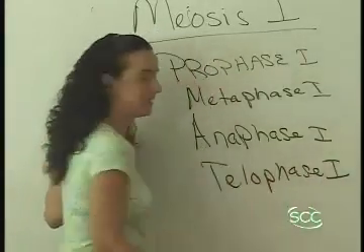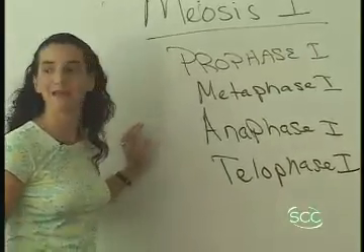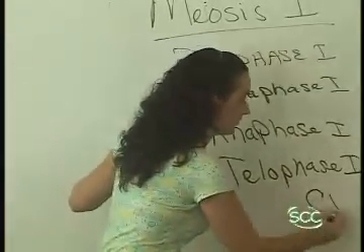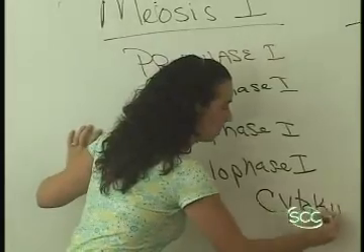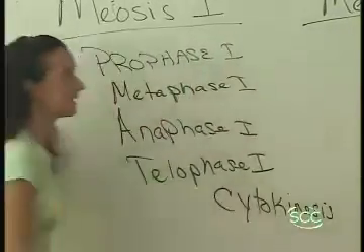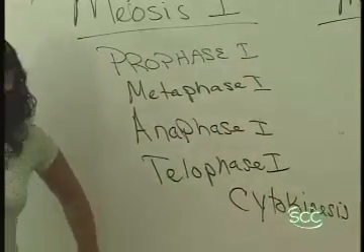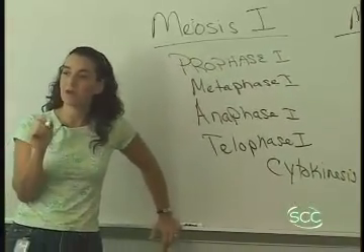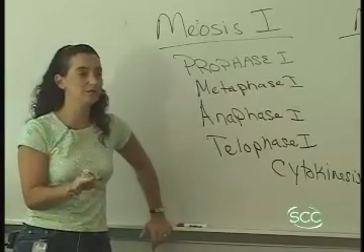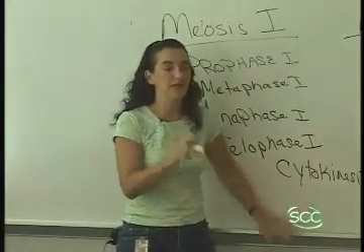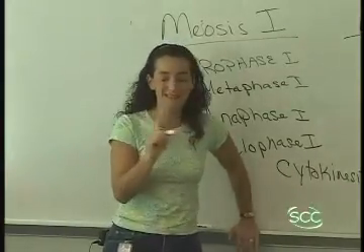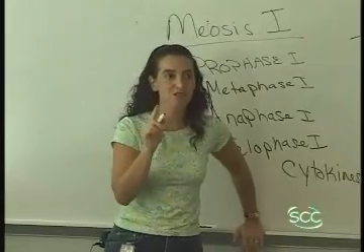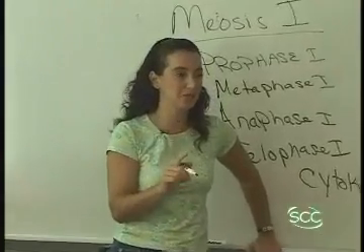What do you think happens at the end of telophase 1? Cytokinesis, the splitting of the cytoplasm. Now, here's a very important fact to remember. At the end of telophase 1, or the end of meiosis 1 and cytokinesis, the cell does not go back into interphase.